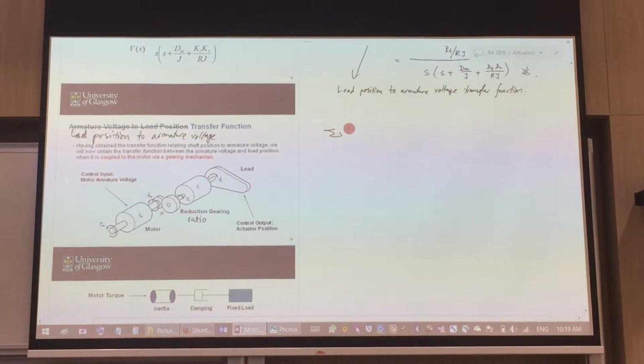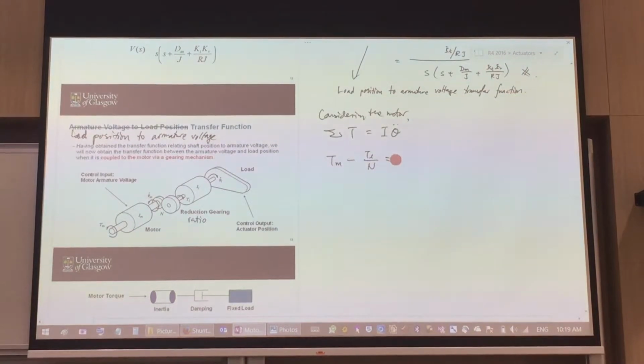Summing up the torque is equal to I theta double dot. We'll start with the motor side. For the torque of the motor, we have seen before it is Tm minus TL over N. That's 2 lectures ago, so I'm just writing that down, plus Dm theta dot equal to Jm theta double dot.